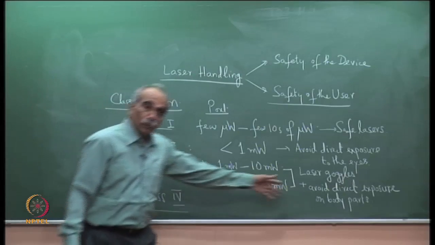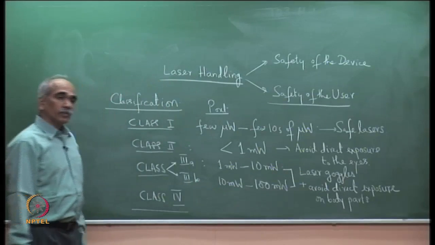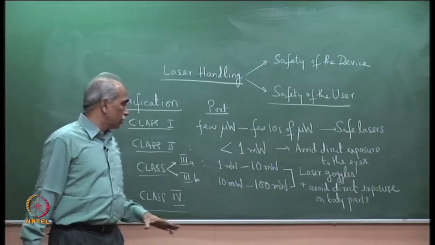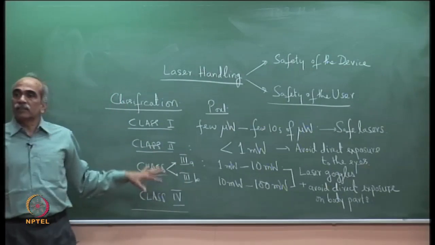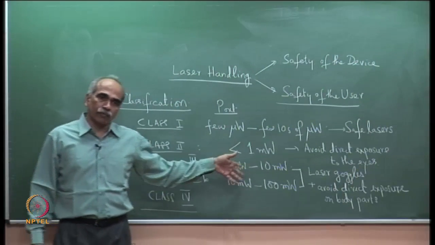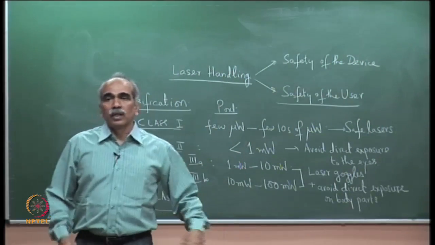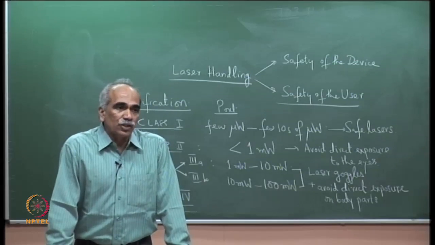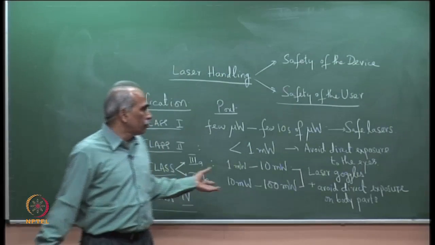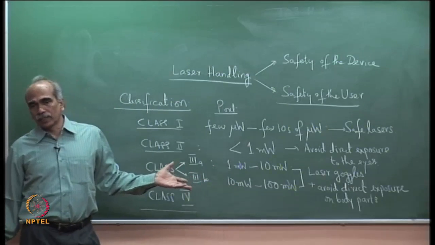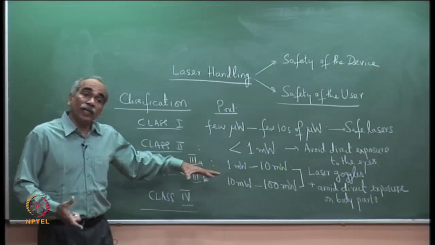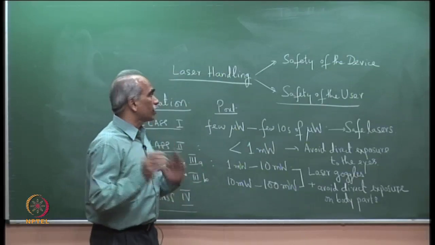They could be harmful to the skin. But laser goggles is a must. You must use laser goggles when you are handling class 3 lasers, because they are definitely harmful to the eyes. The scattering, the amount of scattering that could come or reflections which could enter your eye could be large enough to damage your retina. Again, as I said, it will depend on the ocular transmission.